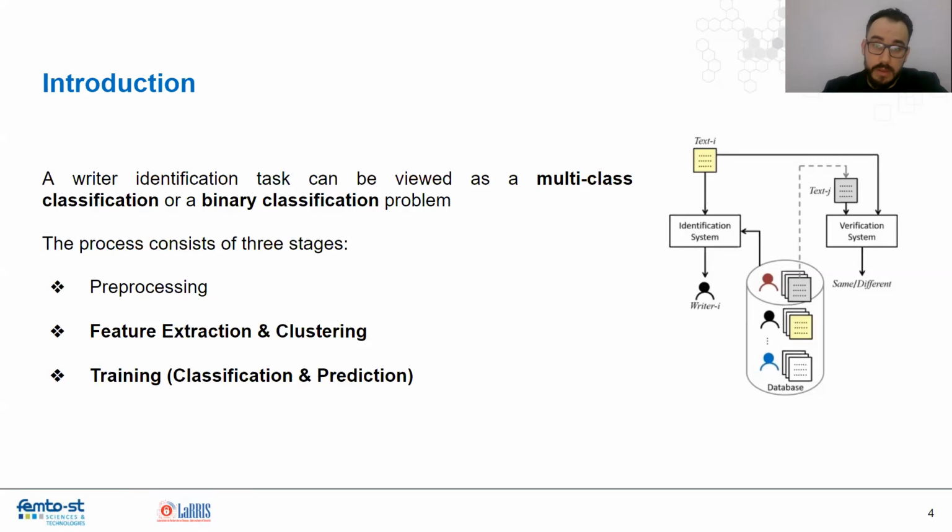Then they do feature extraction and clustering. They identify some important features in the document, in the images. And finally, they train the system to do some classification or prediction using those extracted features.